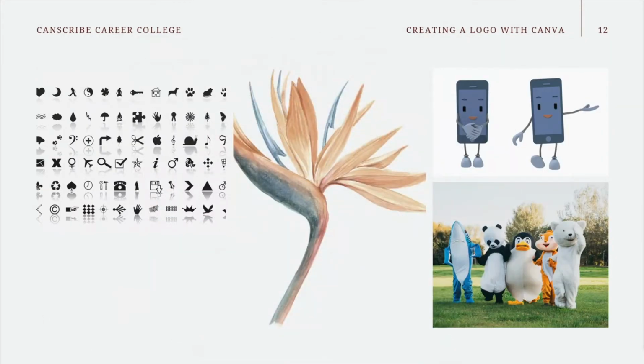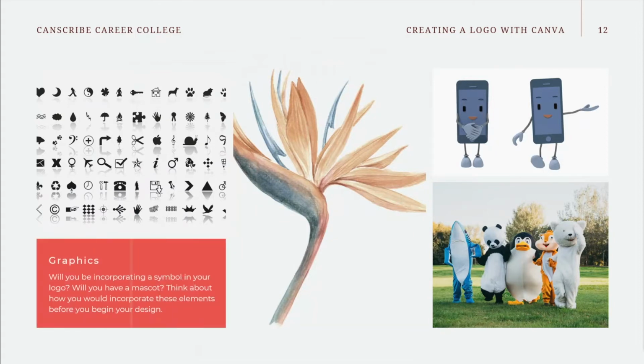So I don't know if you can tell from the photos on this slide, but we're going to talk about graphics. When it comes to using graphics in a logo, you really need to ask yourself if you're going to be incorporating a symbol into your logo, if you're going to have a mascot, and then you really have to think about how you're going to incorporate these elements before you begin your design.